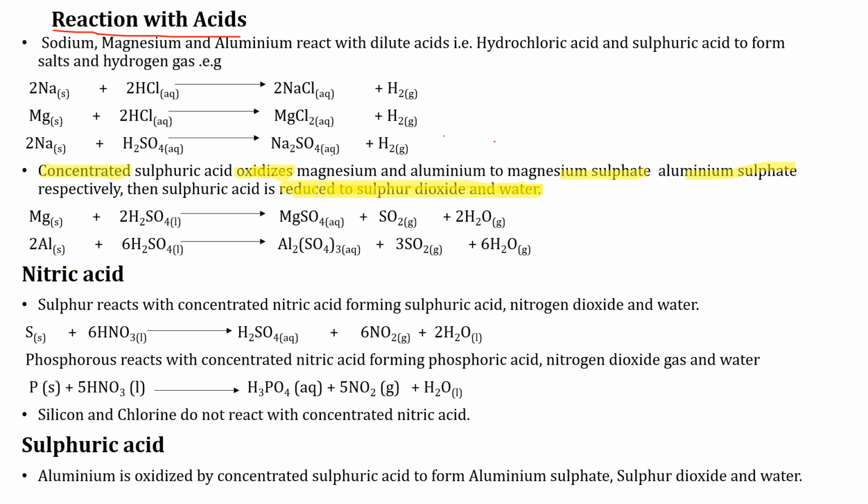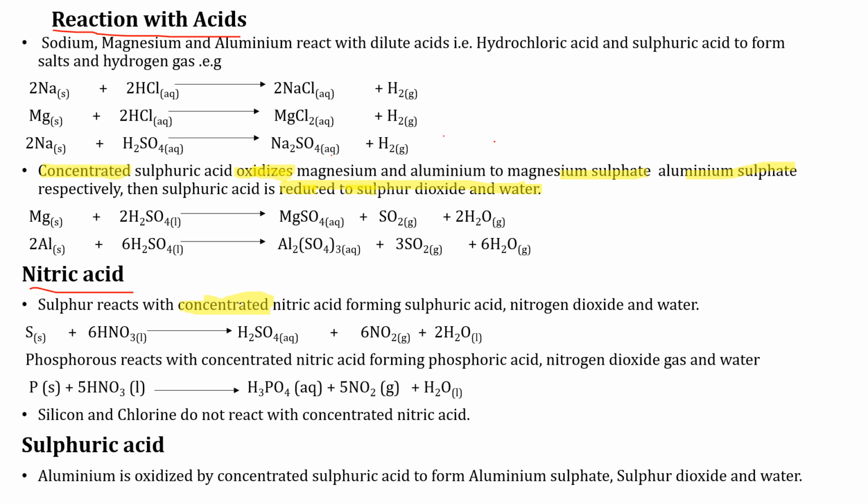So proceeding, let's look at nitric acid. So we are saying that sulfur reacts with concentrated nitric acid forming sulfuric acid, nitrogen dioxide, and water. It's always concentrated. Whenever you're seeing that an acid is concentrated, that means that it's going to oxidize. So the appropriate way to read this statement was concentrated nitric acid oxidizes sulfur to sulfuric acid.